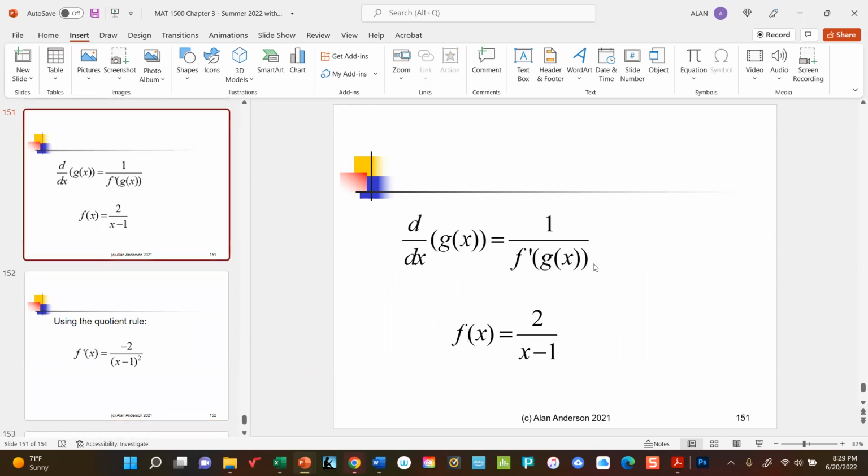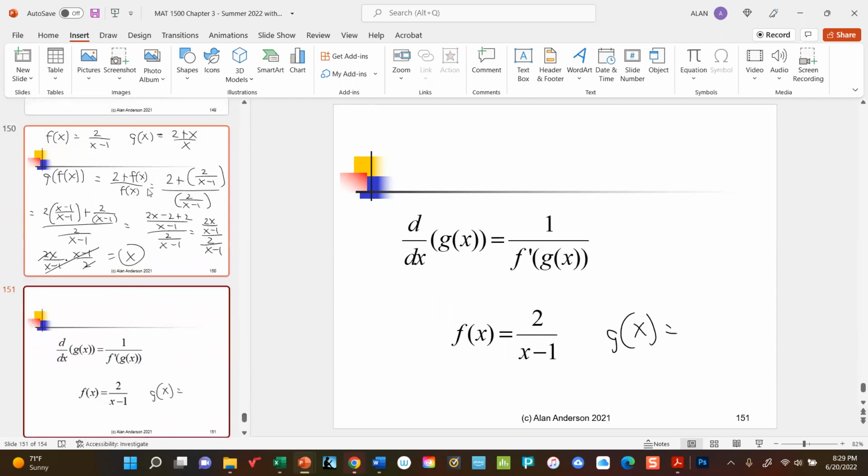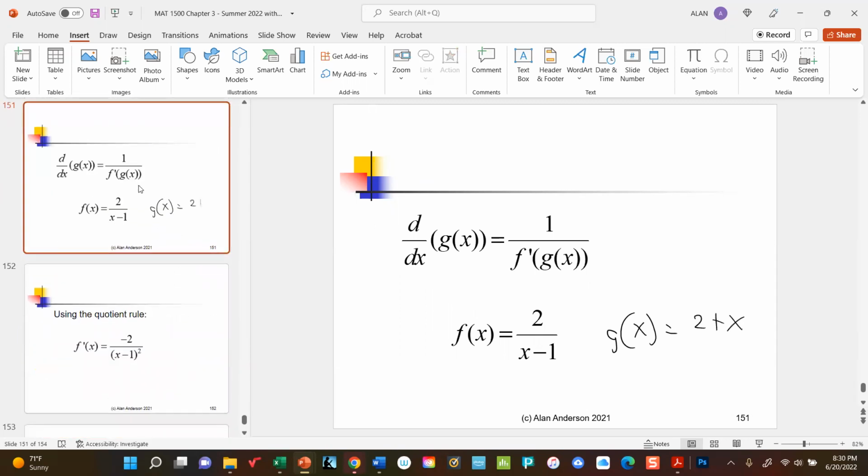Okay, so just as a reminder, this is f of x, g of x is, again, 2 plus x over x. So we need f prime of x, and we're going to evaluate it at g of x.